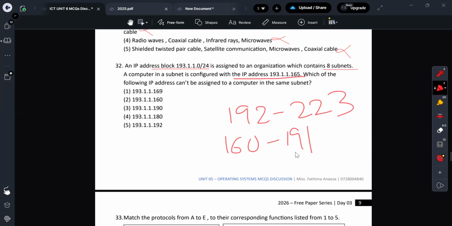And within subnet 6, the network address cannot be assigned to a computer. The usable range would be 161 to 190. The broadcast address would be 191, so that also cannot be assigned to a computer. Now they ask which of the following IP addresses cannot be assigned to a computer in the same network. The answer is option number 5, right? It's not the answer, I marked it to explain.